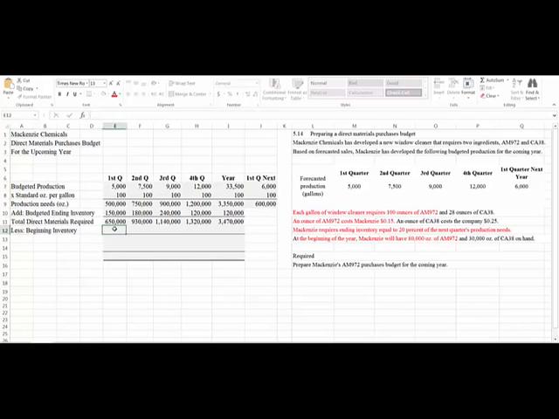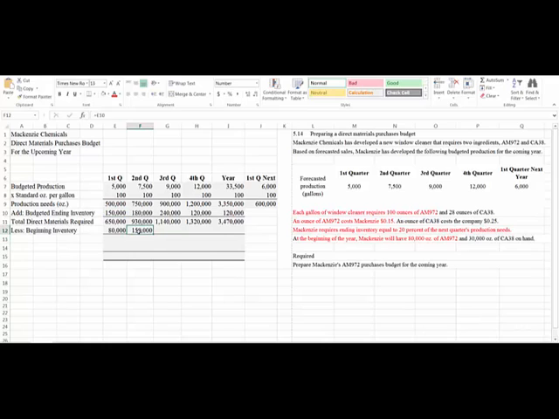At the beginning of the first quarter, our beginning inventory is equal to 80,000 ounces. They've given that information to us. Add a 0 there. Now, the beginning of the second quarter, our inventory is equal to the ending inventory of the prior quarter.